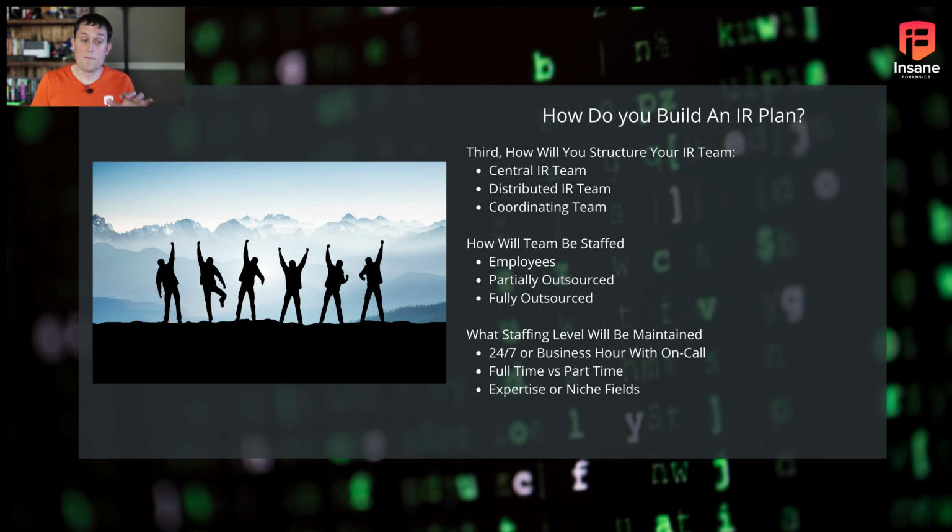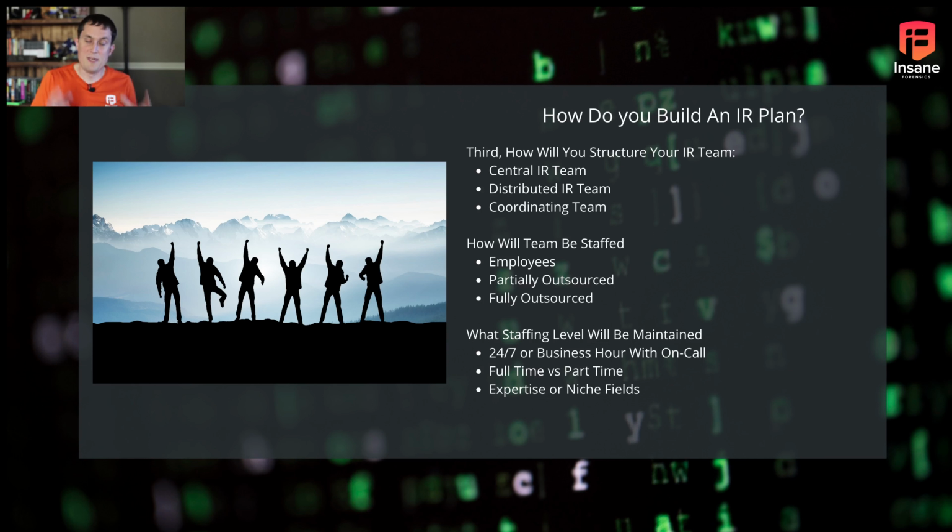This might work for you. As you get bigger and have a need for more specialties, you might go to a distributed IR team, where it's either broken by region or by a specific business unit area. Maybe you have the IT team that manages your traditional IT assets, and you have the OT team, the operational technology team, doing the plant we mentioned earlier.